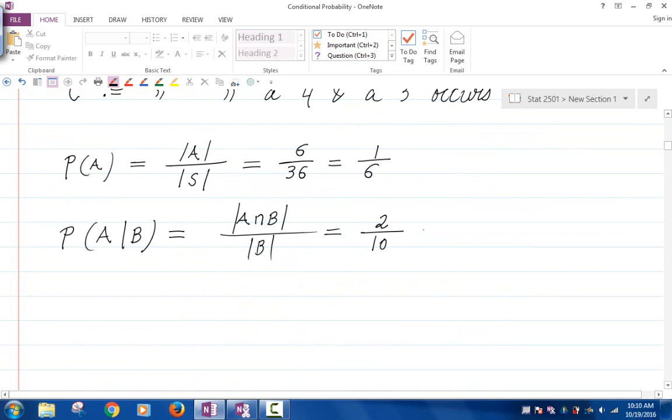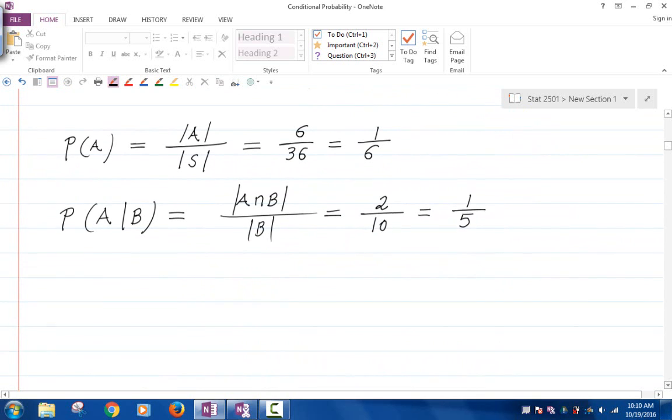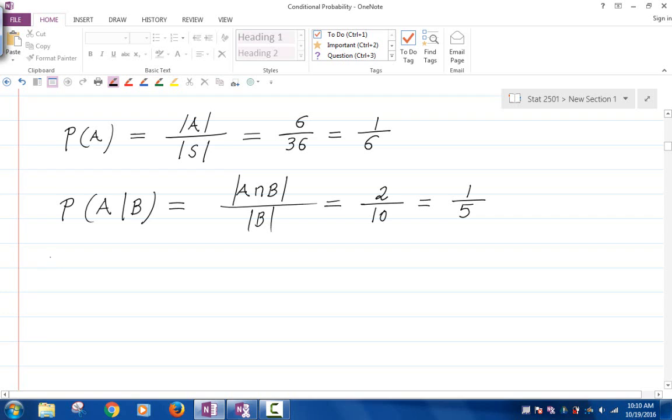So what we get is 1/5. Observe again that the probability of A given B is larger than the probability of A.